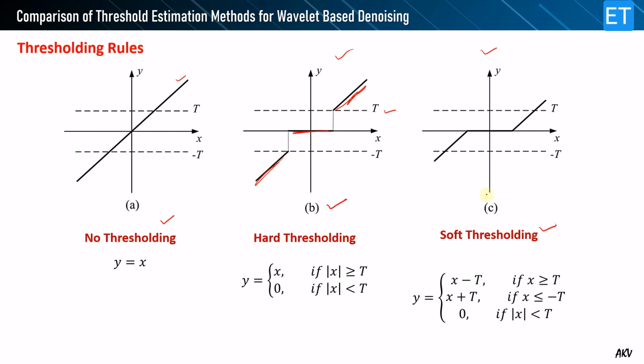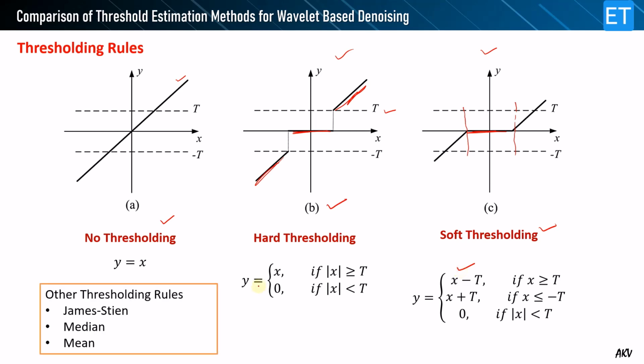In soft thresholding, all the wavelet coefficients which lie below the threshold are zeroed out, but other coefficients are also scaled down, they are shrunk. All the positive coefficients are subtracted by the threshold, and all the negative coefficients are added with the threshold. That means simply subtraction of the threshold value from each wavelet coefficient. So they are also shrunk. That is soft thresholding. Other thresholding rules are also available, like James-Stein, median, and mean.